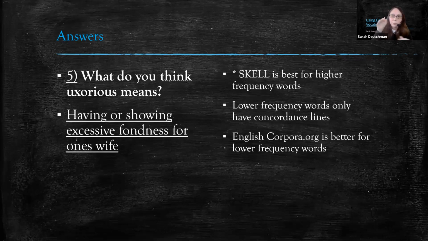EnglishCorpora.org would be better for the lower frequency words, but the concordance lines are a bit harder to understand on English Corpora, and it takes a bit more training for people not used to using it.